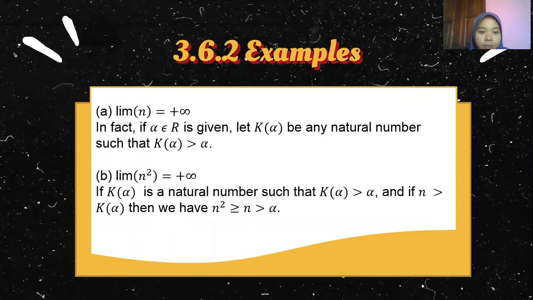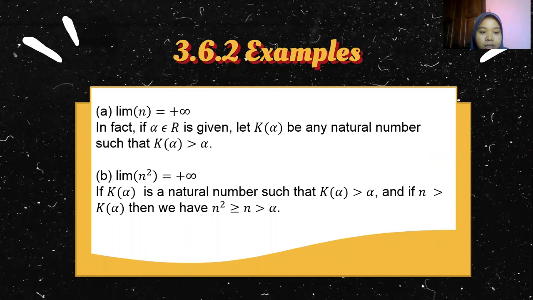For example, the first example: the limit of n equals positive infinity. In fact, if alpha in the real numbers is given, let K(alpha) be any natural number such that K(alpha) is greater than alpha.